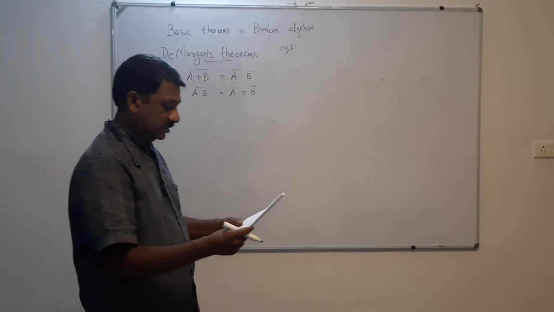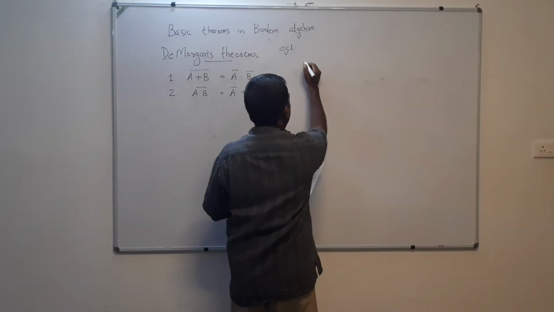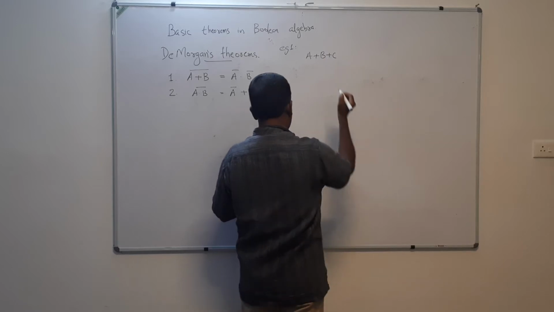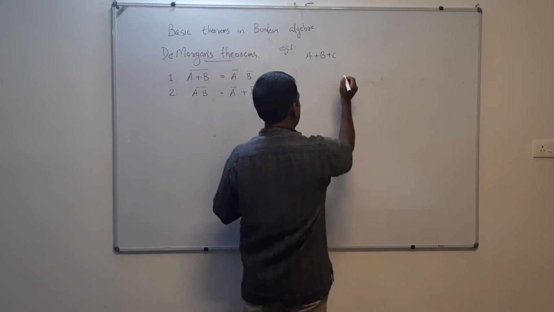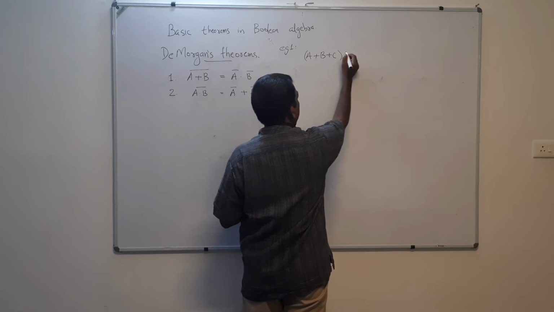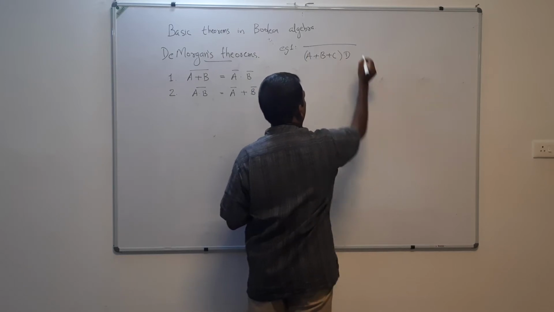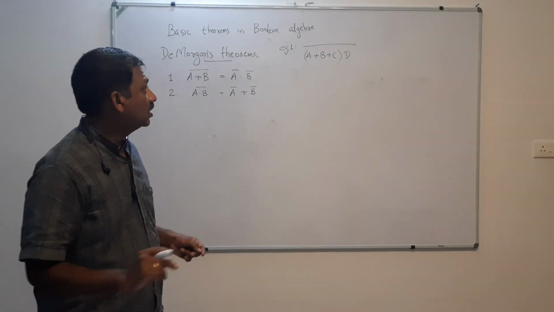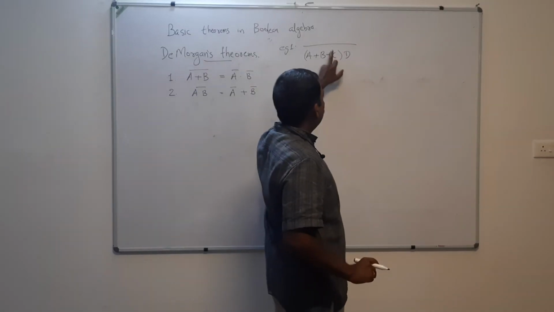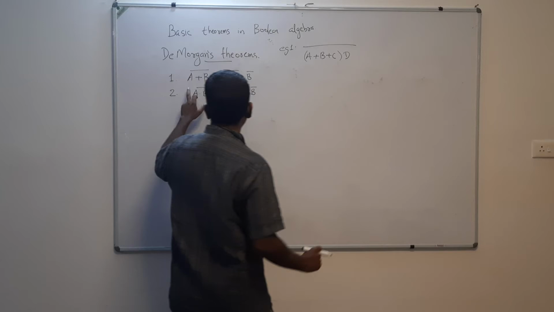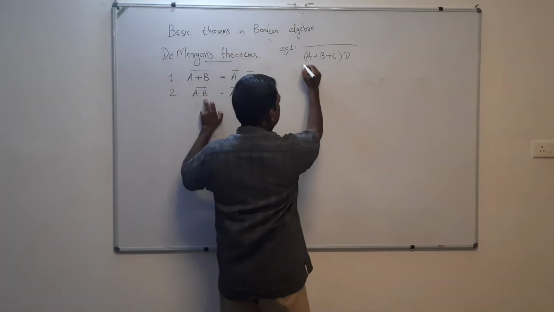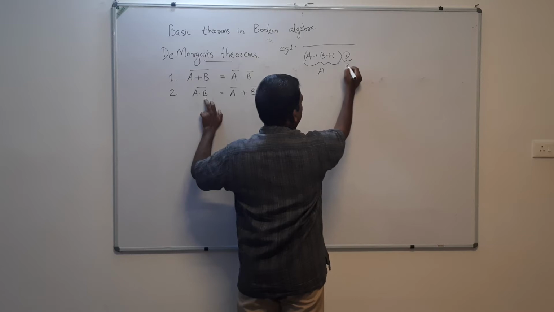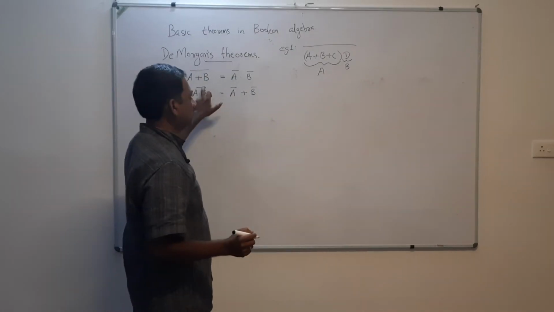Another example is A plus B plus C into D the whole bar. This is something like A dot B the whole bar. Treat this as A and treat this as B as far as this is concerned.